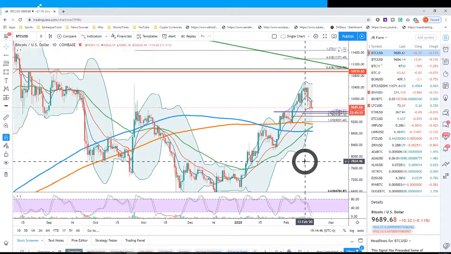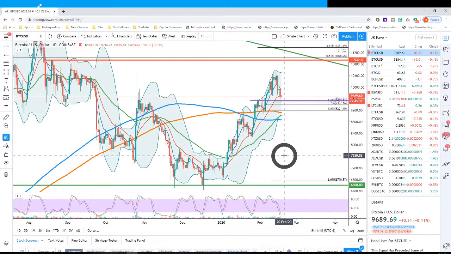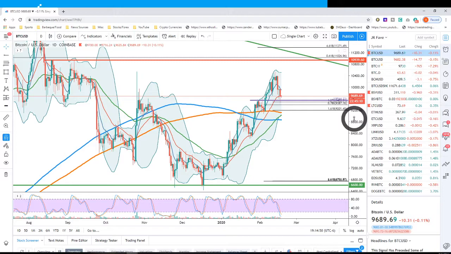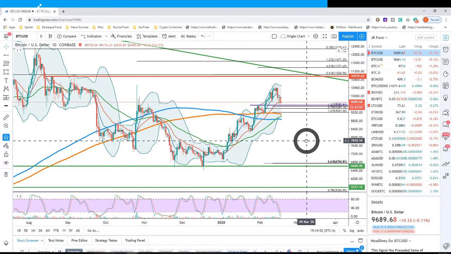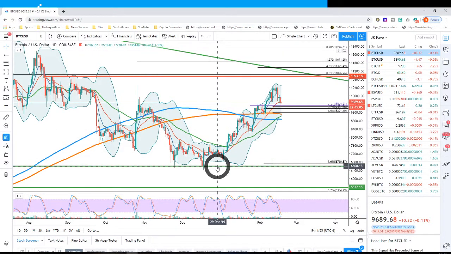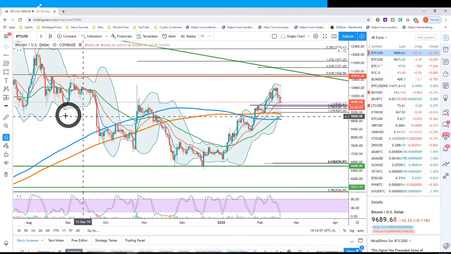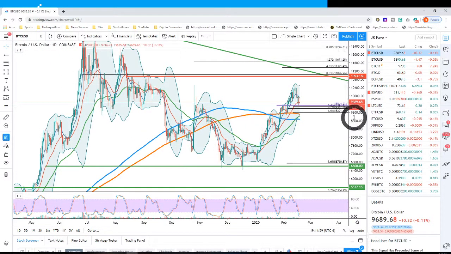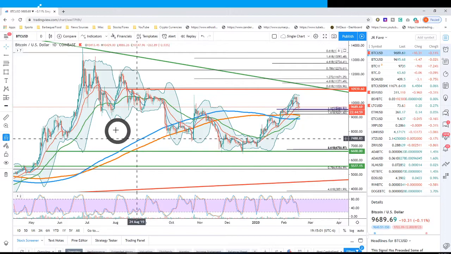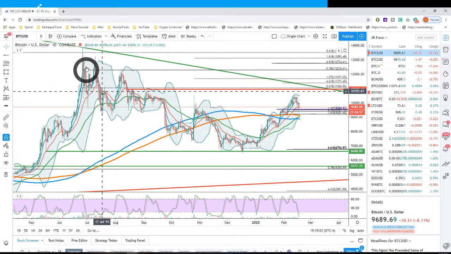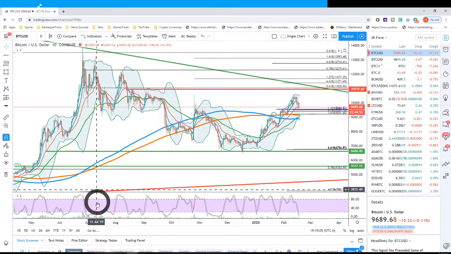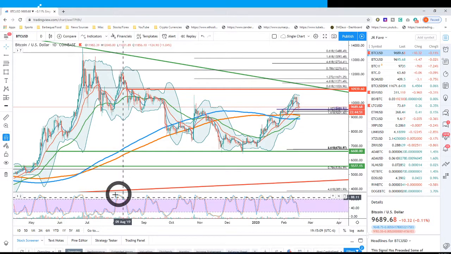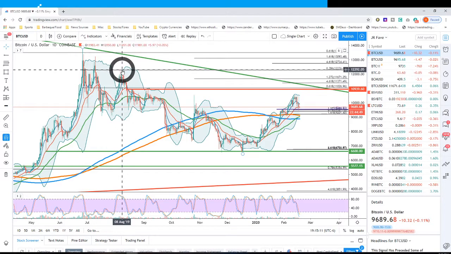All right, so let's go and look back when Bitcoin bottomed, okay? And actually, let's go back a little bit further, when Bitcoin's in this downtrend, right? And you see things get overbought, right?